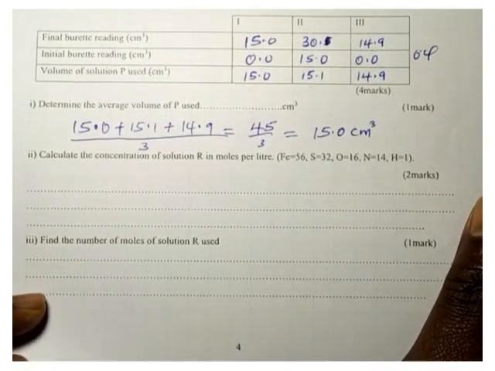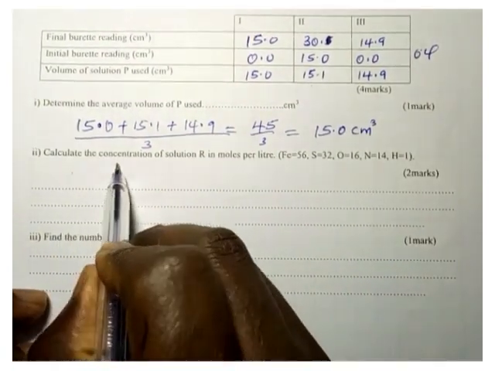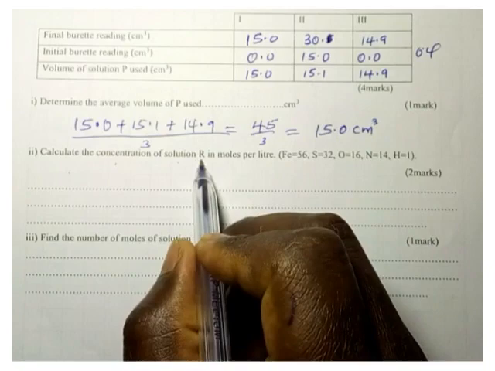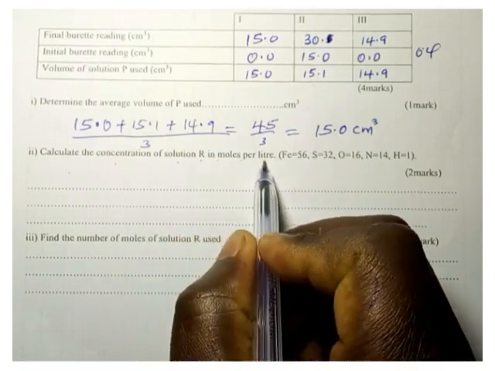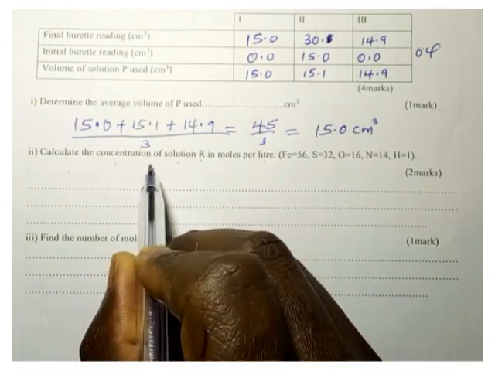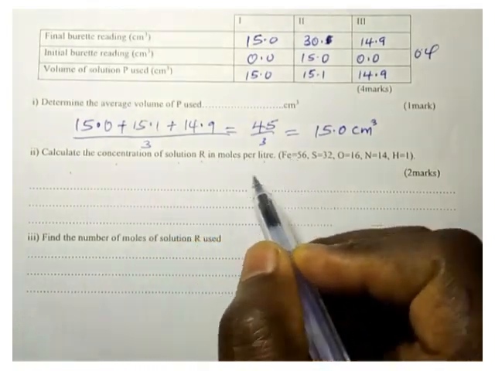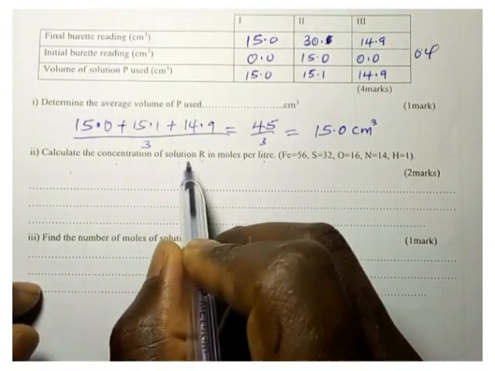the first question we have here is: calculate the concentration of solution R in moles per liter. Solution R, which is the iron 2 sulfate. So let us copy the formula here.